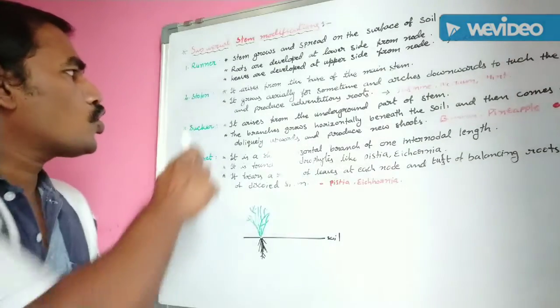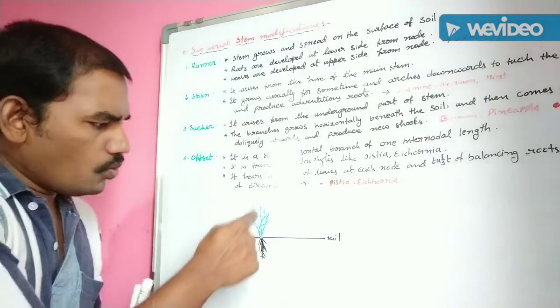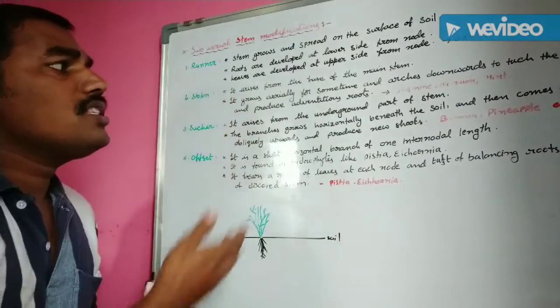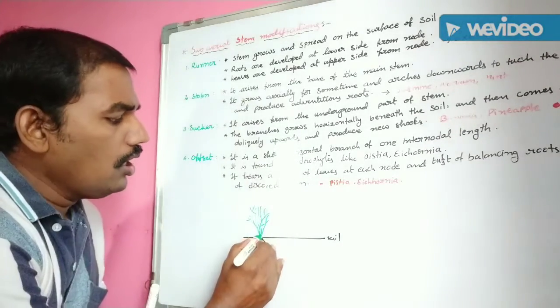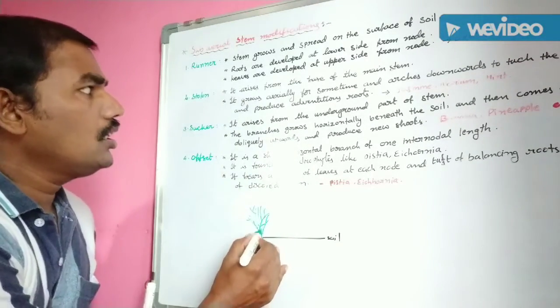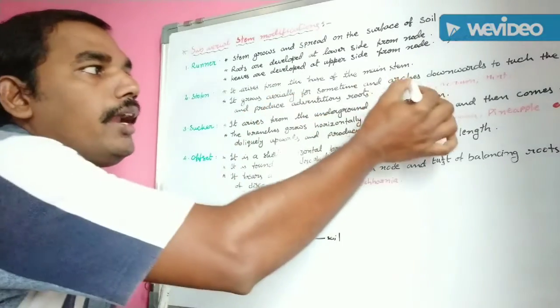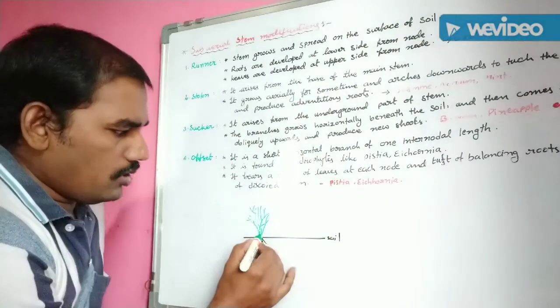Next one is stolon. It arises from the base of the main stem. This one is the main stem. The stolons mainly arise from the base of the main stem. This means the basal branches grow aerially for some time and arch downwards to touch the ground.